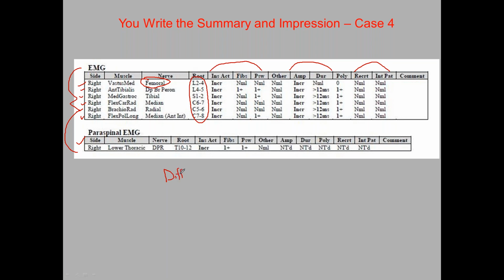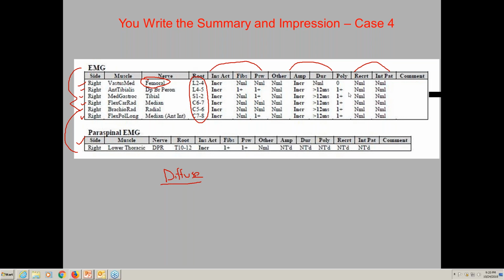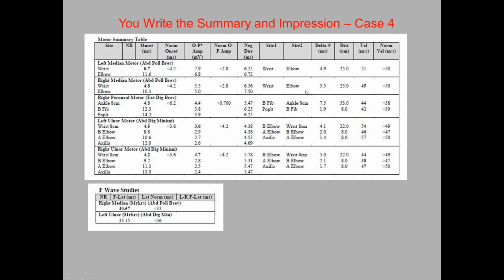So what's the impression? Is there demyelination? Yes. Slow, slow, slow, slow. Is there axonopathy? Yes.